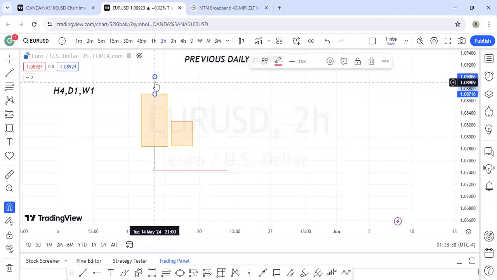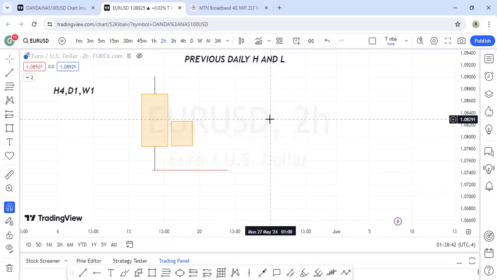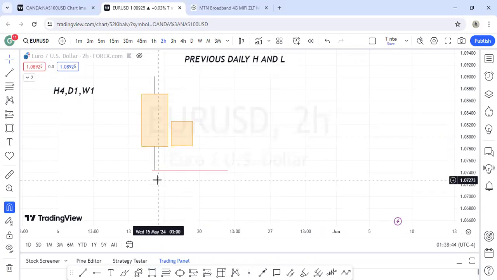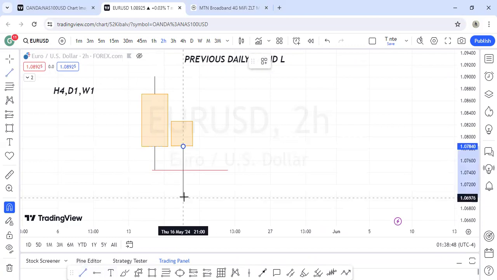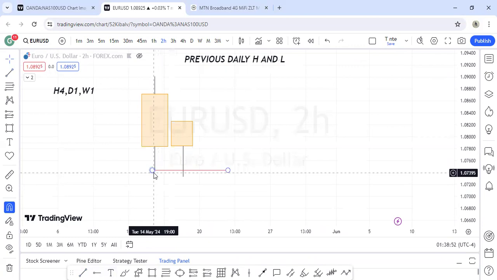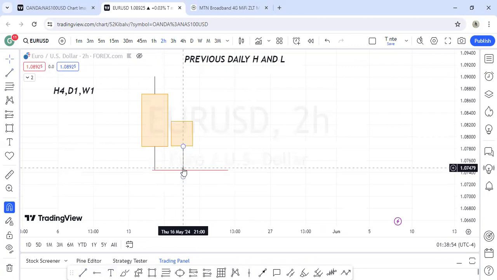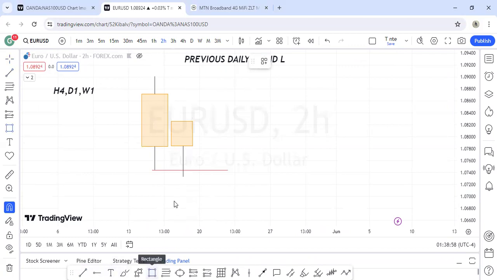All right, so now you have this, and then most times you observe that price sweeps the low of the previous day, and what happens next is that price does something like this.